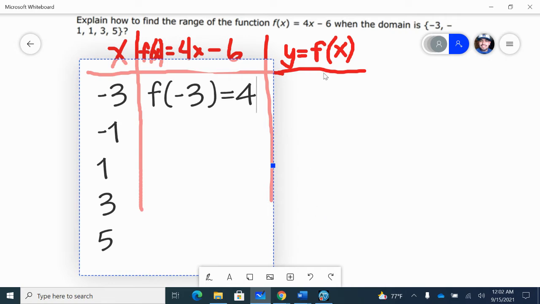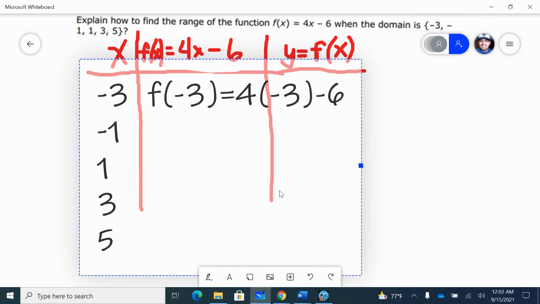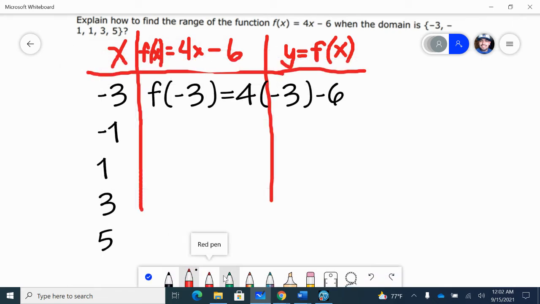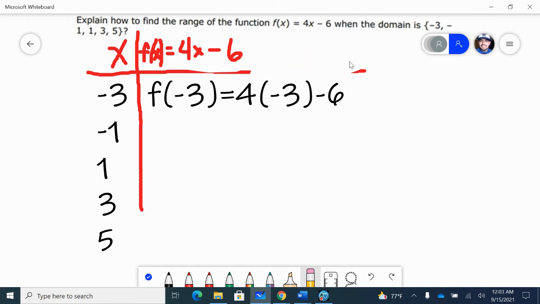Let me see if I can fix this. Yes, I can. Okay, I'll fix it right now. Equals 4, -3, minus 6. So some of you guys actually went ahead and did this whole bit, which was amazing. Thank you, thank you, thank you. Because right there, you're telling me you understand what you're doing, right? You're telling me that you know what it means for it to be a function.